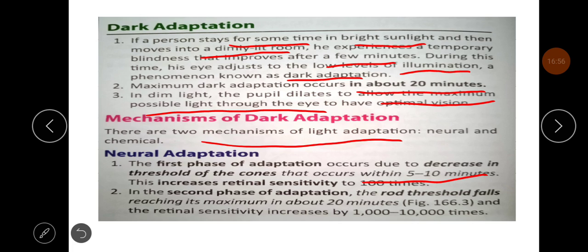This increases the retinal sensitivity to 100 times. In the second phase of adaptation, the rod threshold falls, reaching its maximum in about 20 minutes, and the retinal sensitivity increases up to 1000 to 10,000 times.